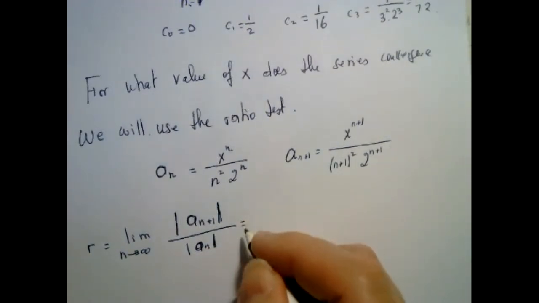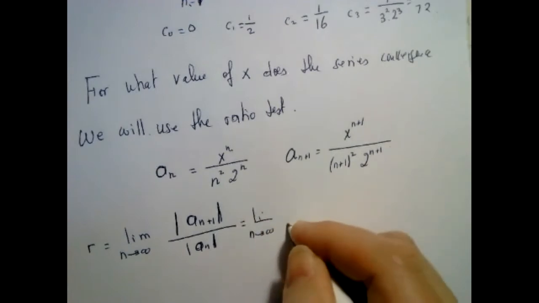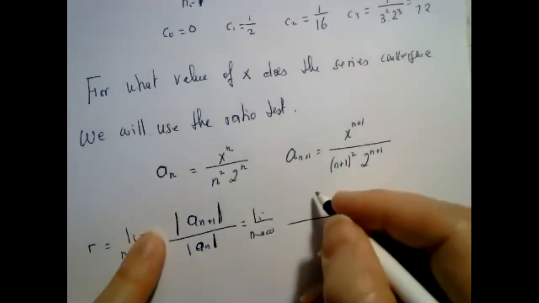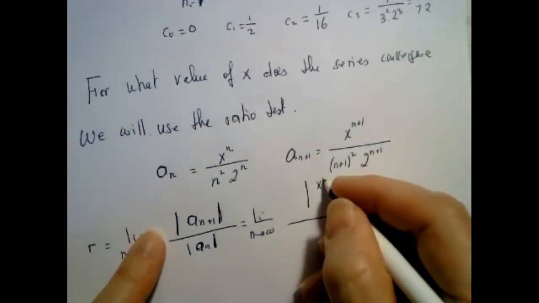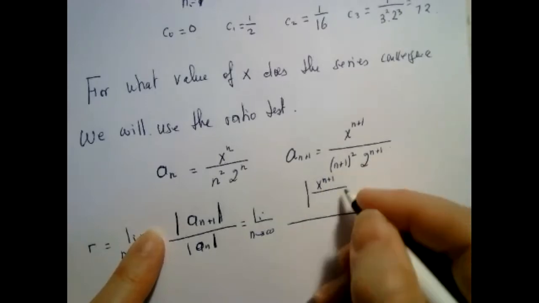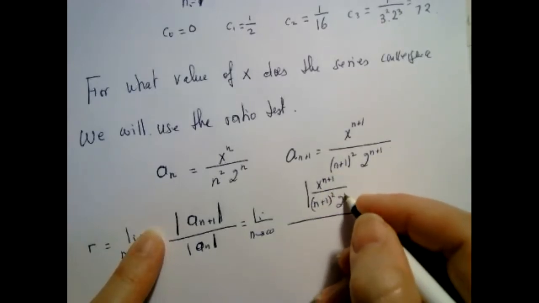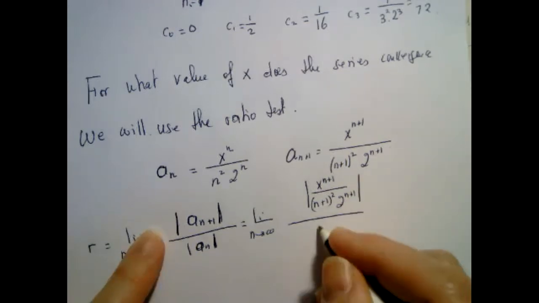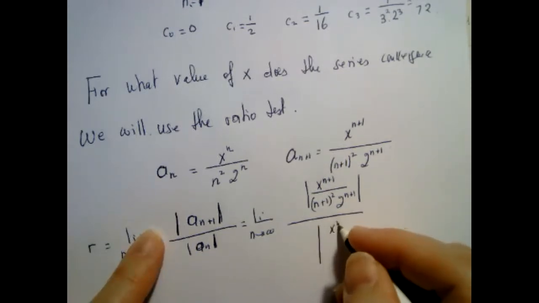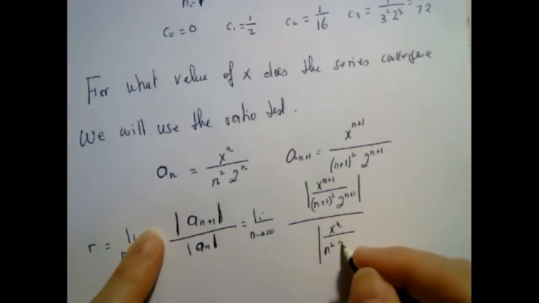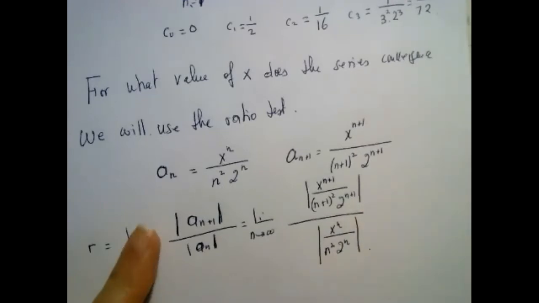This is equal to the limit as n tends to infinity of the absolute value of x to the n plus 1 over n plus 1 squared 2 to the n plus 1, over the absolute value of x^n over n squared 2 to the n.